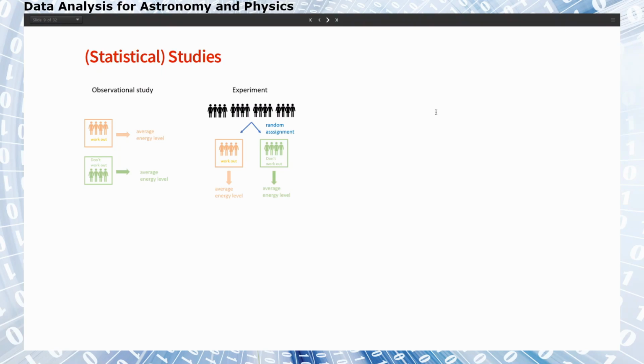The problem is that there might be some additional factors that determine whether people work out or don't work out at all, and other influences that might play into the results here. So it's better to set up an experiment where you take a representative group of persons, randomly assign them to a group of people that are supposed to work out and the others that don't work out, and then compare their energy levels.